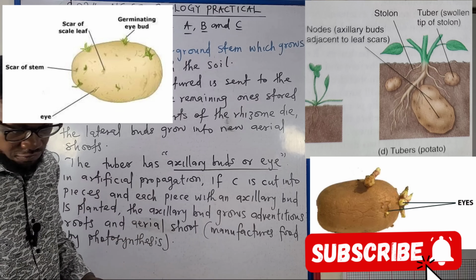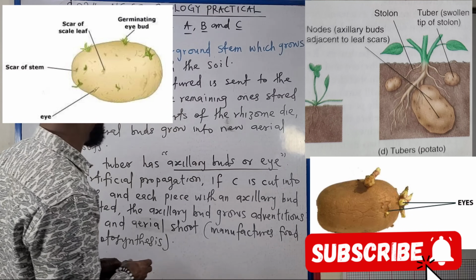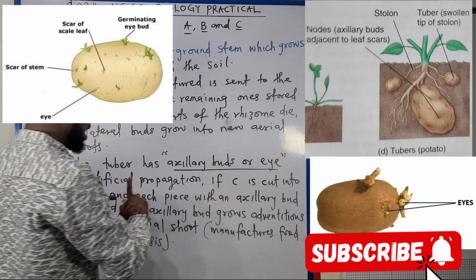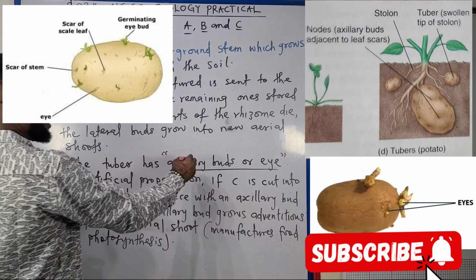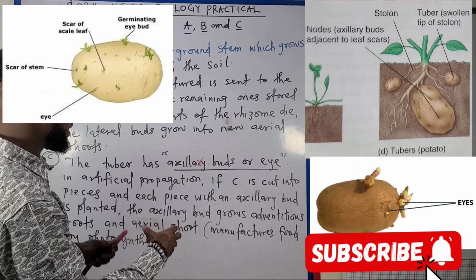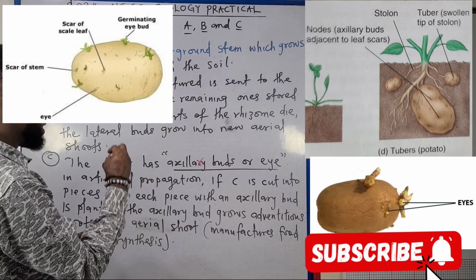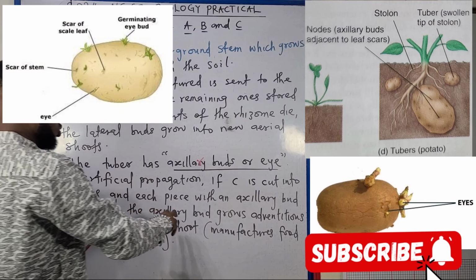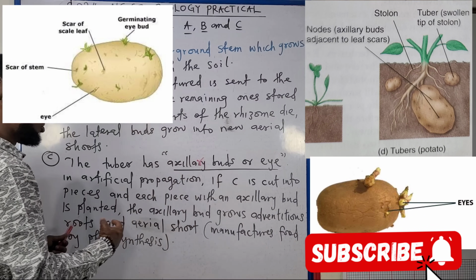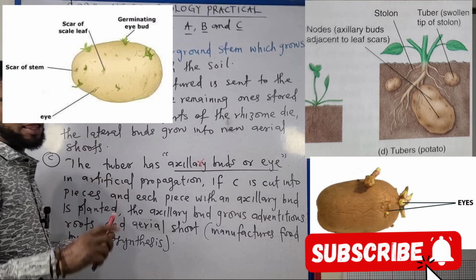But what is of very important biological interest here is the eye or the axillary bud, during reproduction such that a new tuber is to be formed. It is the axillary bud here that is going to grow new adventitious roots and is going to give rise to a new aerial shoot. Look at the diagram very well.